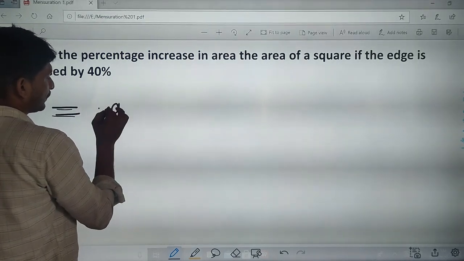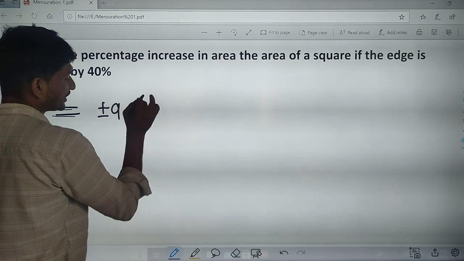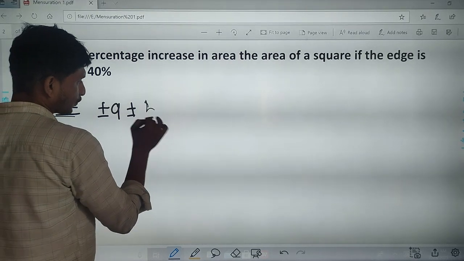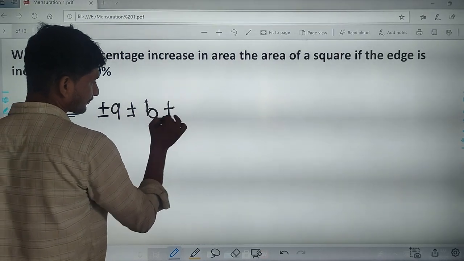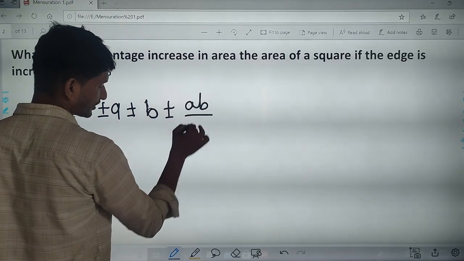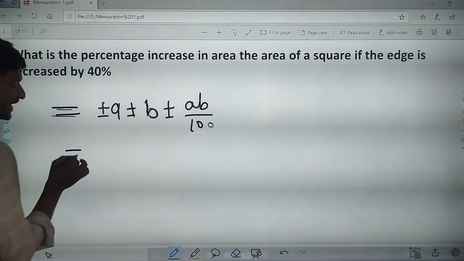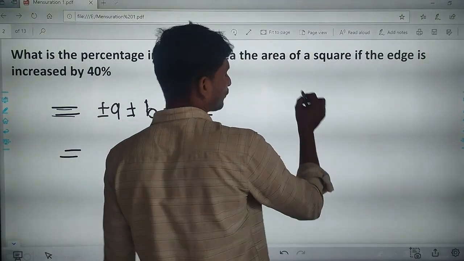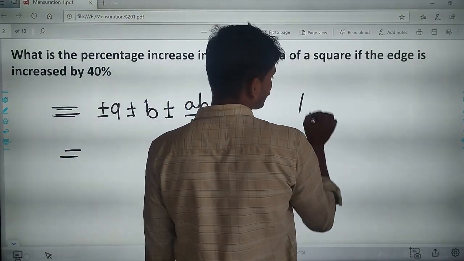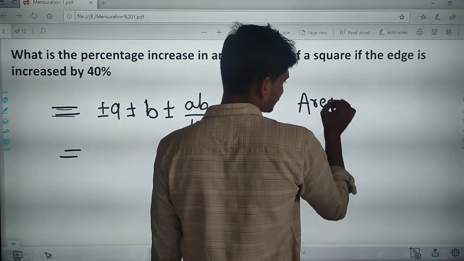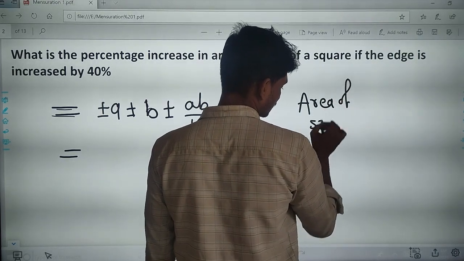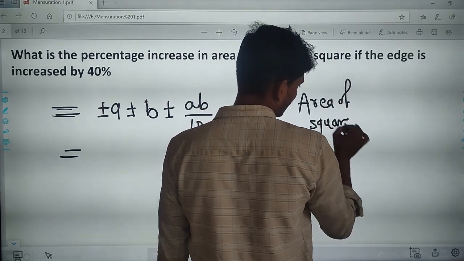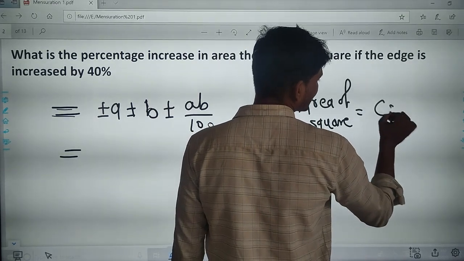Here plus or minus: if it is increased, we take plus. The formula for the area of a square is side squared.